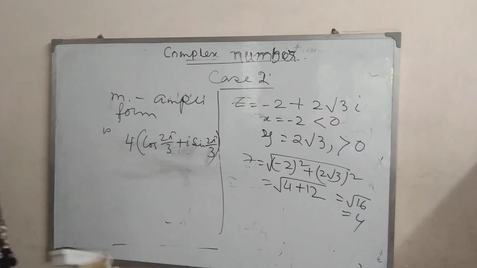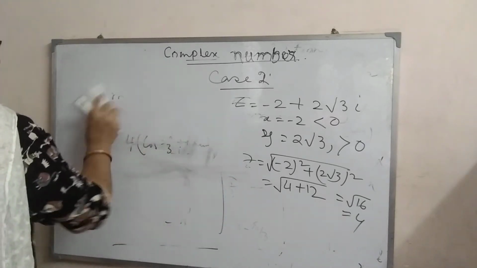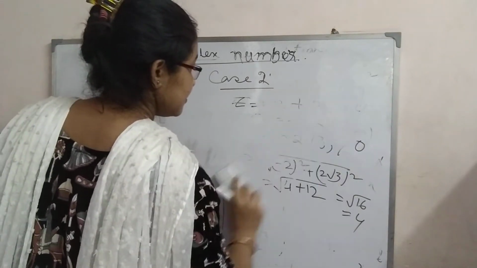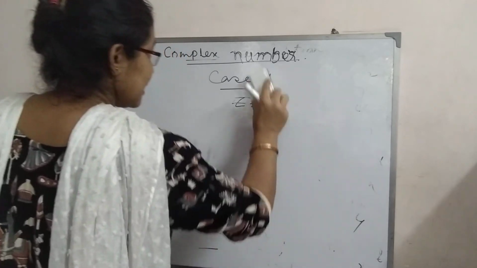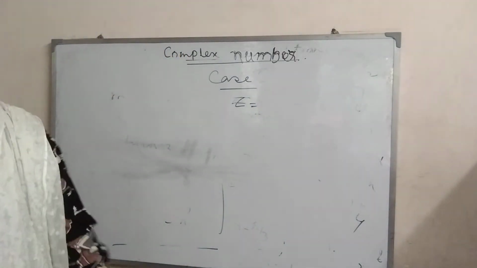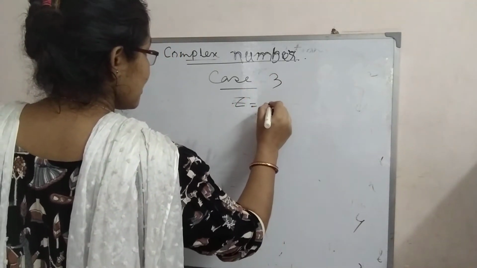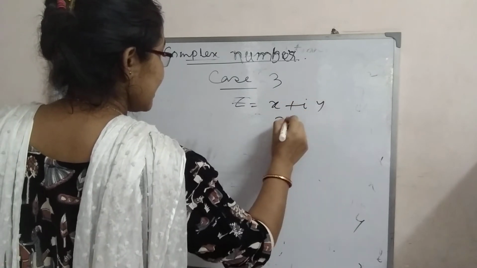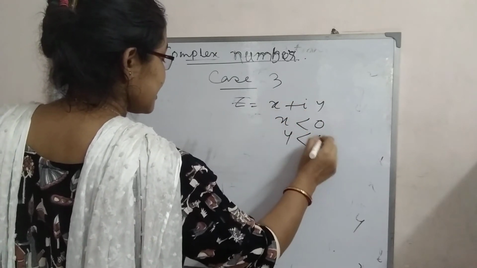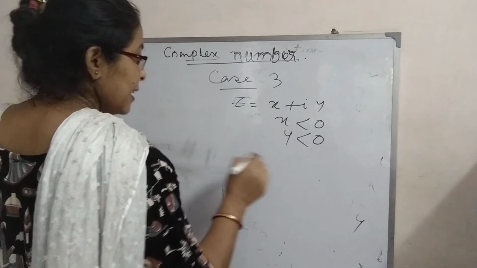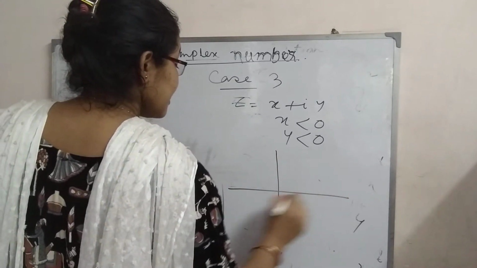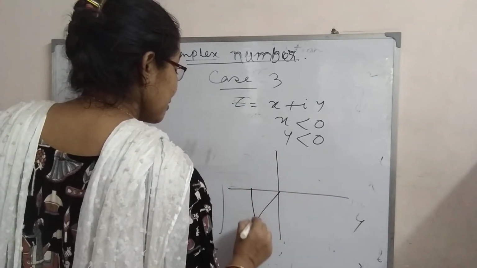Okay, next case 3. Case 3, that is z equal to x plus iy. Here x less than 0 and y less than 0, that is P lies in the third quadrant.